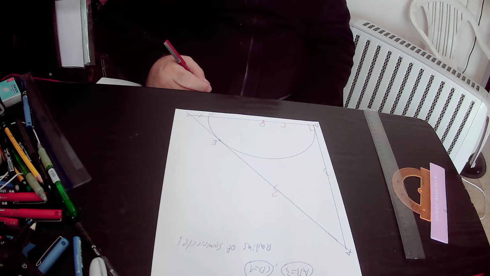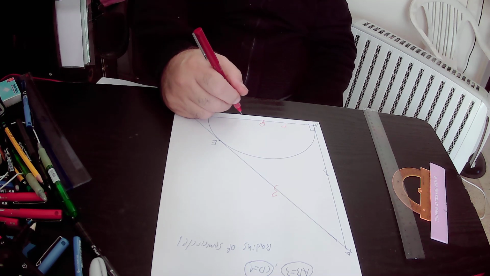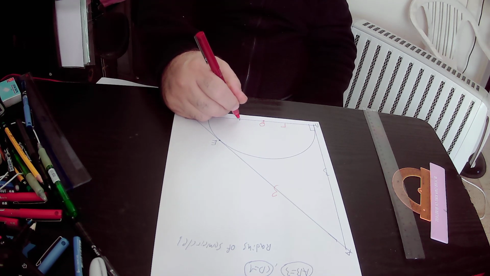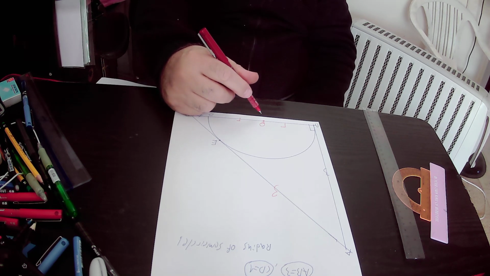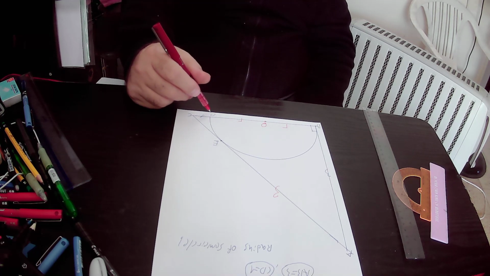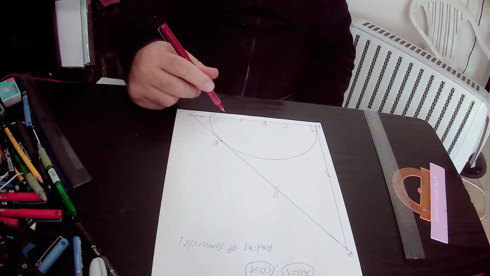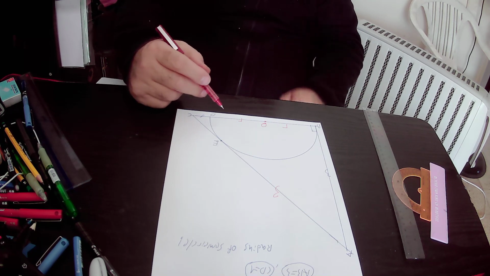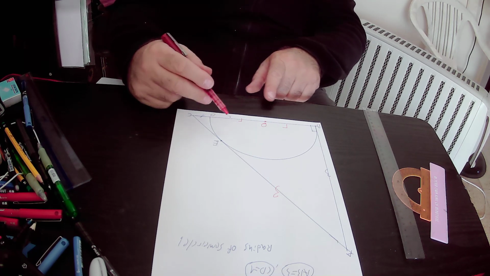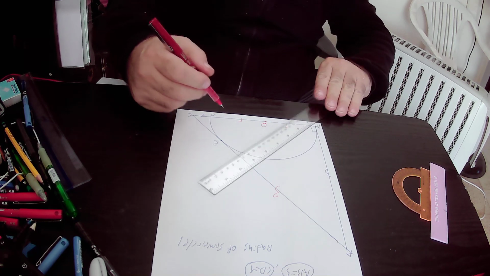Likewise, OD will also be the radius of the semicircle because line segment OD starts from the center of the semicircle, that is to say from point O, and ends at point D, that is a point on the semicircle itself. Therefore OD is the radius of this semicircle. And we will also join points O and E together by a straight line.